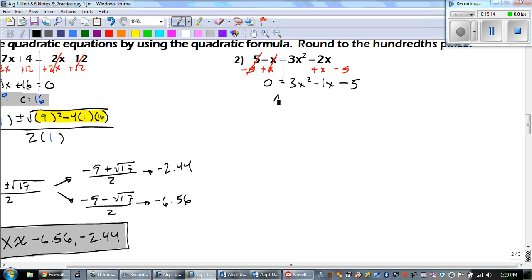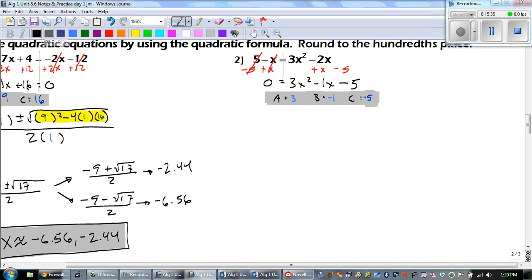And I want to know what A, B, and C are, okay? A equals 3, B equals -1, and C equals -5.